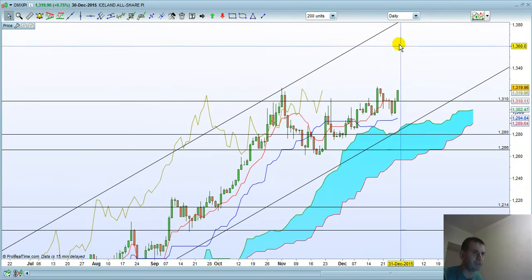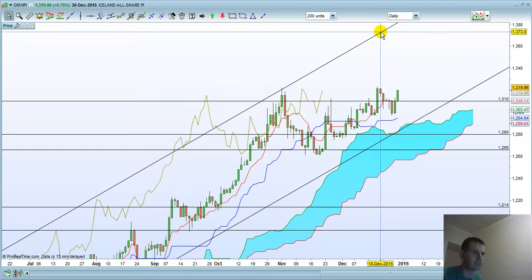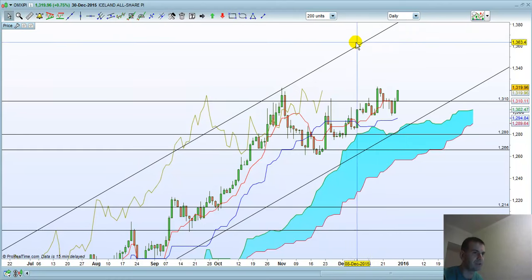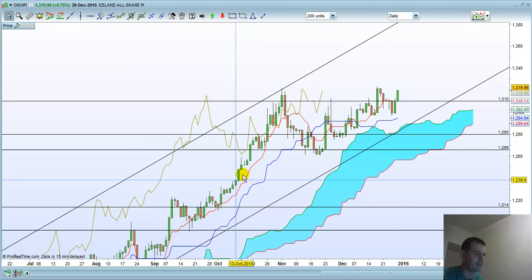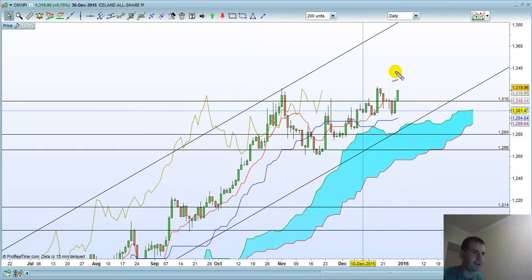So the nearest resistance can be, I think, the upper body of the channel, of the uprising channel. Trending lines are crossed in the bullish direction, and also the Kijun-sen line is under the price and rises.